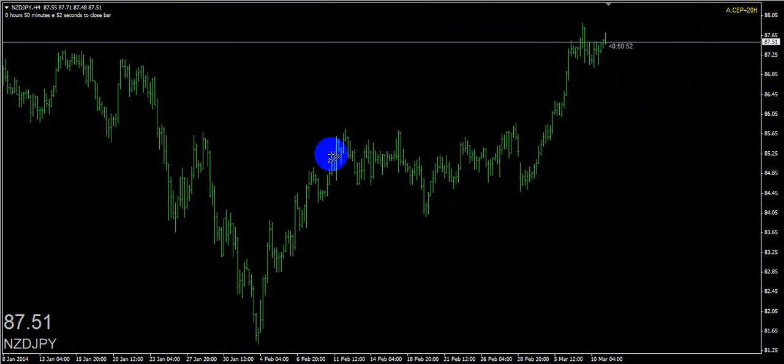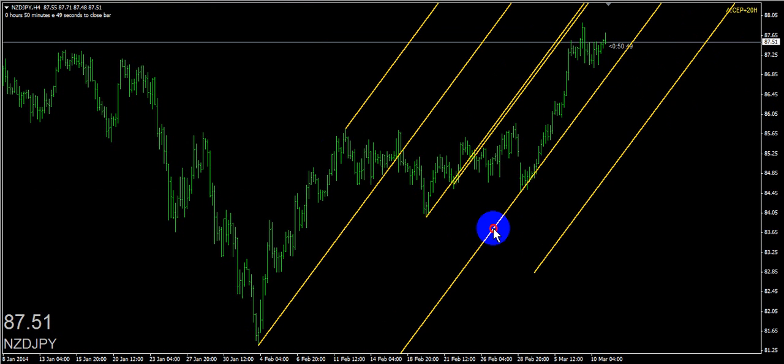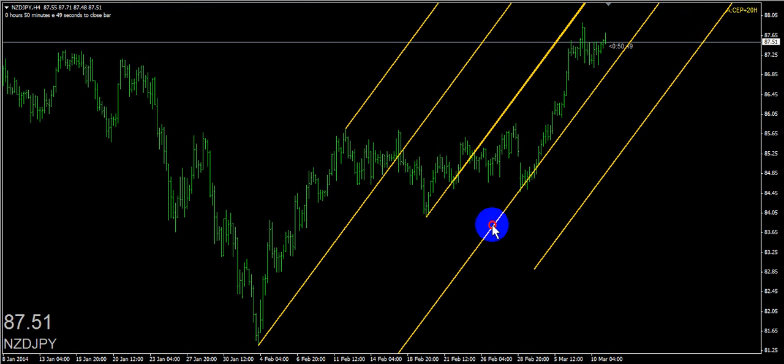But the one that may be the best is also this: a warning line, a width fork, and then a test on this warning line here.